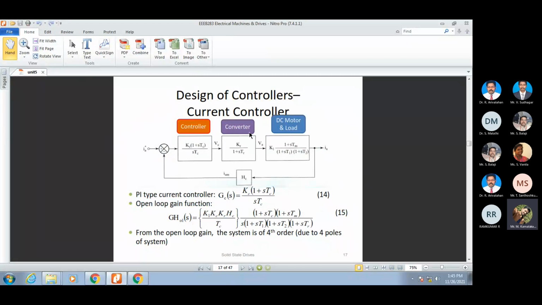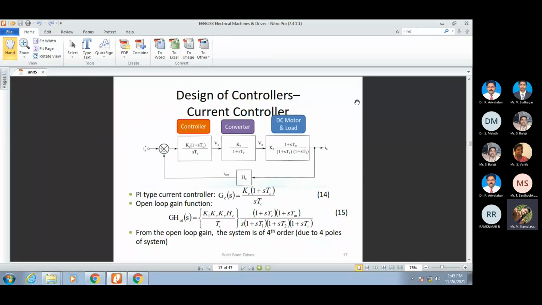This is the converter transfer function. We have seen the value of KR and the value of TR, and the range they should be in. We also saw how the firing angle is altered, by which the magnitude of the voltage going into the armature of the motor is controlled, so that the overall speed of the machine is controlled.